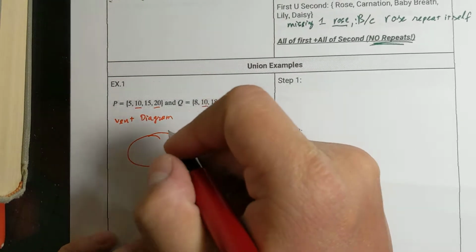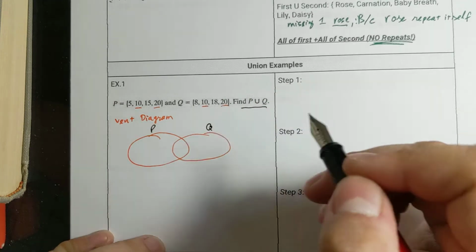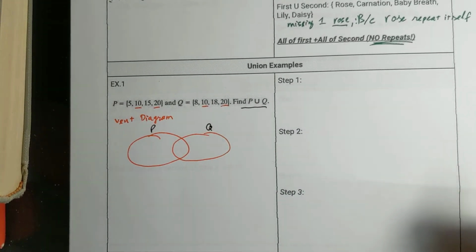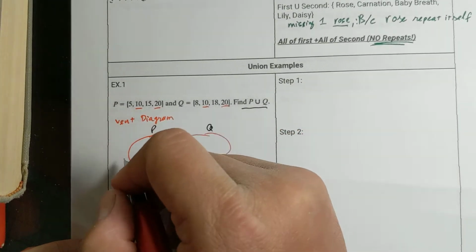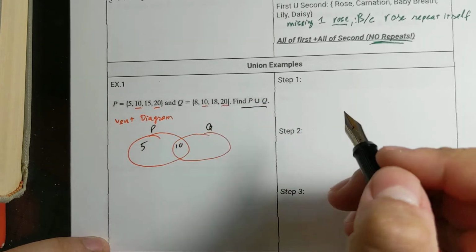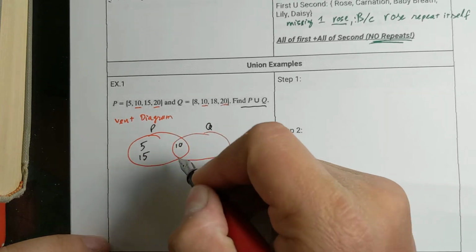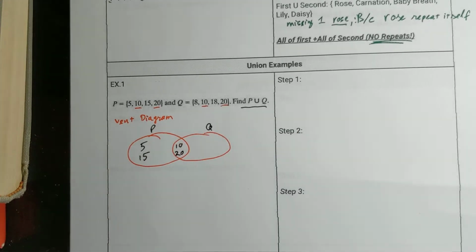The first Venn diagram is P, the second diagram is Q, and I'm still going to list every single item they have. We have 5 here, 10 is a repeat so it has to be in the middle, 15, 20.